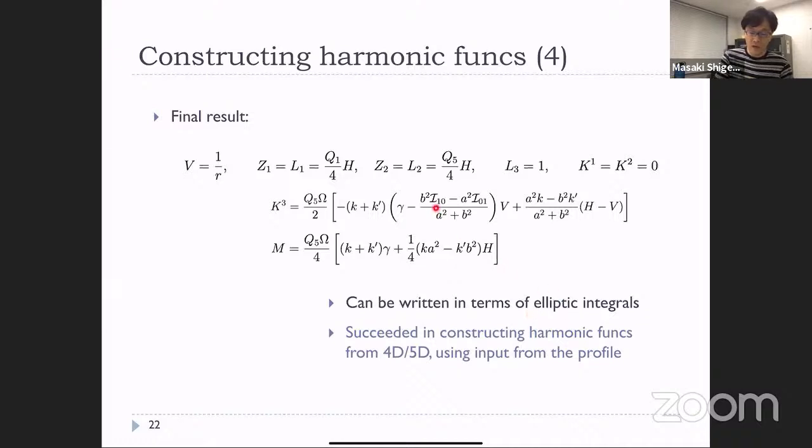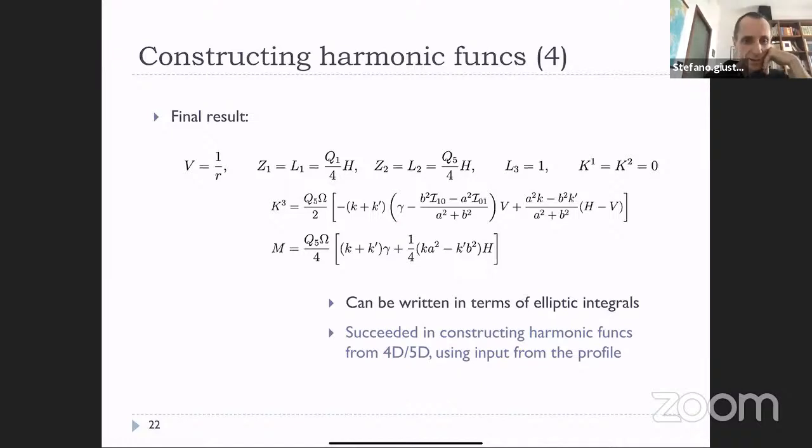This I10, I01, I didn't really show you the definition, but they can be written in terms of elliptic integrals. So this way we succeeded in constructing harmonic functions from the 4D, 5D multicenter solution using the input from the profile. This way I didn't have to find the Lumimotor geometry in 5D. Okay, it's not that easy even in 4D, 5D, but anyway, you can get this.